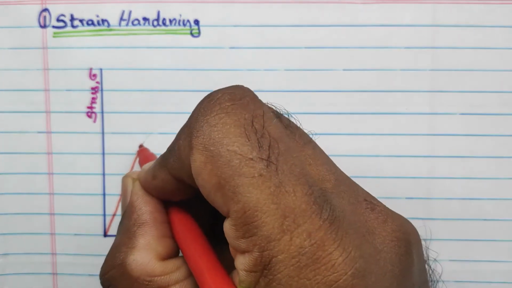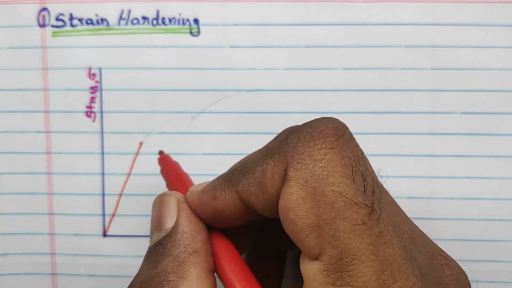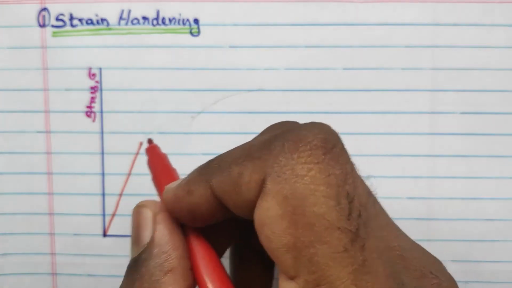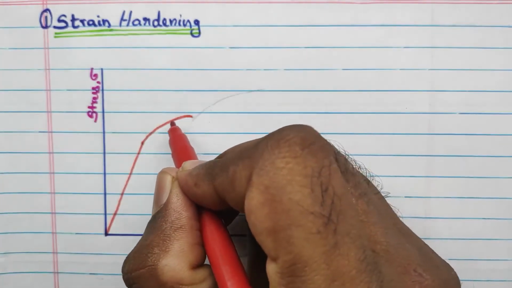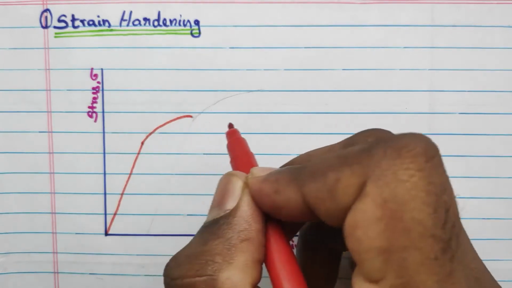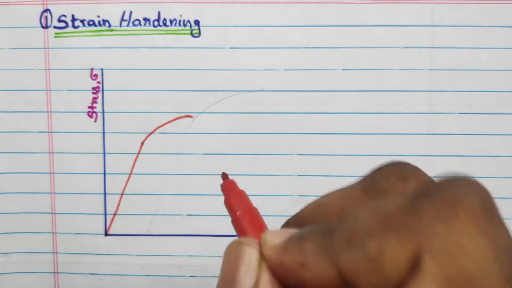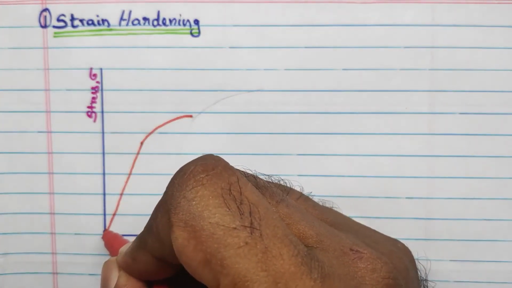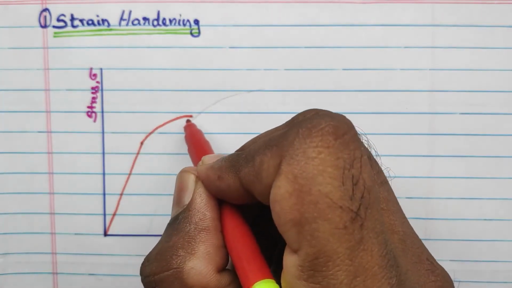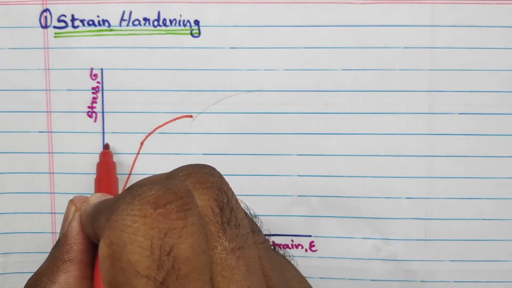It will be linear for some extent, and then it will be plastic deformation in nature, tracing the curve in this manner. I'm not going through the entire thing, because here I have stopped the experiment before the fracture occurs. So initially it's elastic deformation, and next it is plastically deformed, and here I can note the point.